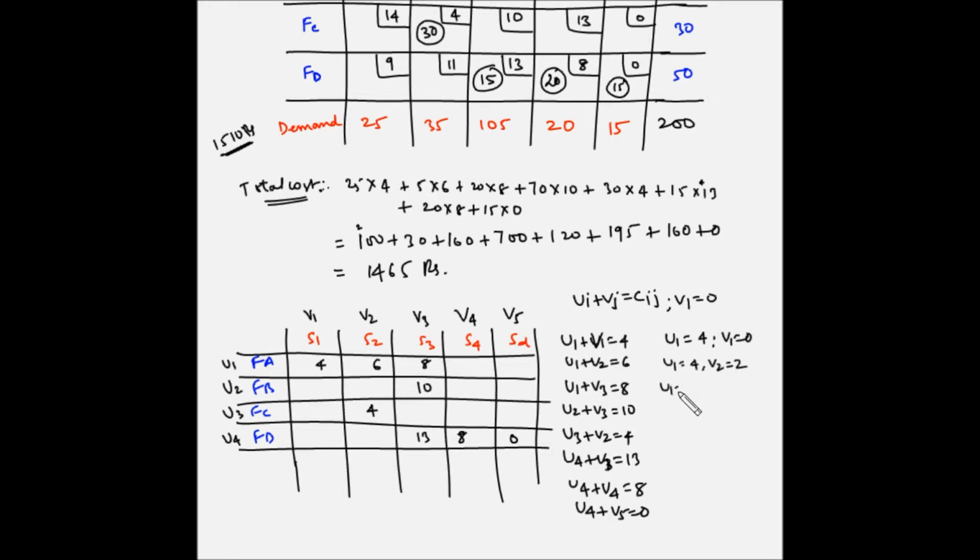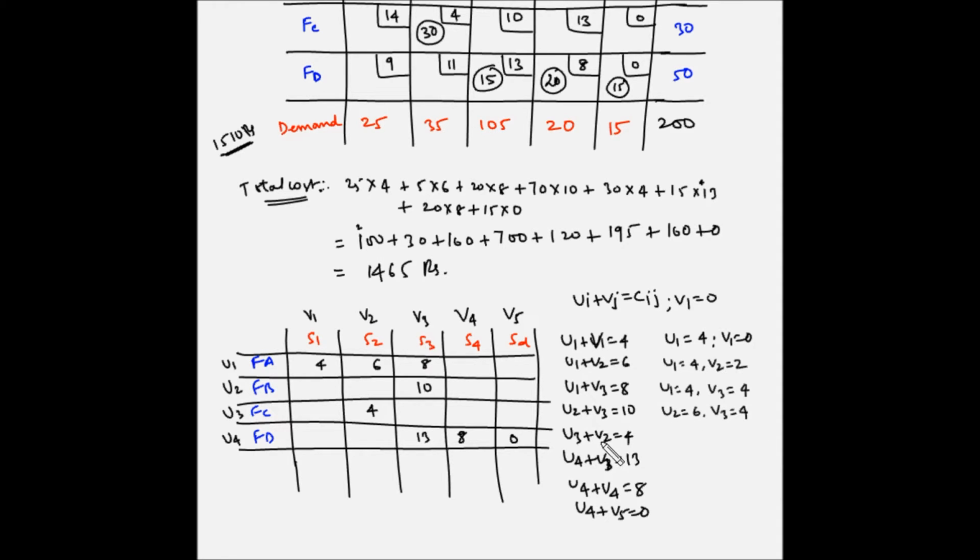So u1 is 4 from the previous equation, and v3 becomes 8 minus 4, which is 4. Now v3 is 4, so u2 is 10 minus 4, which is 6.